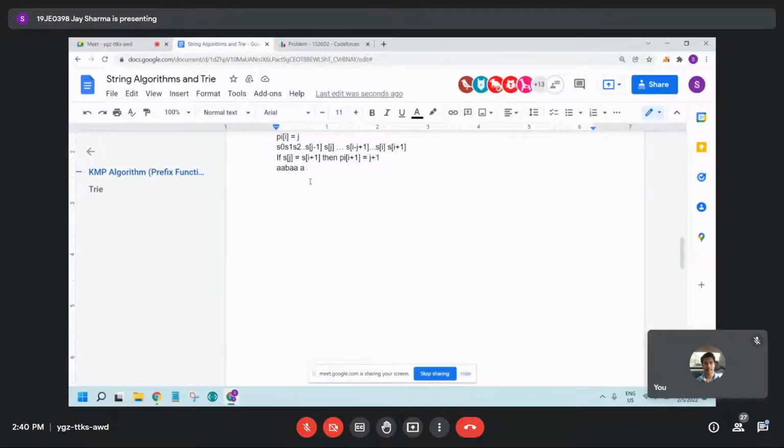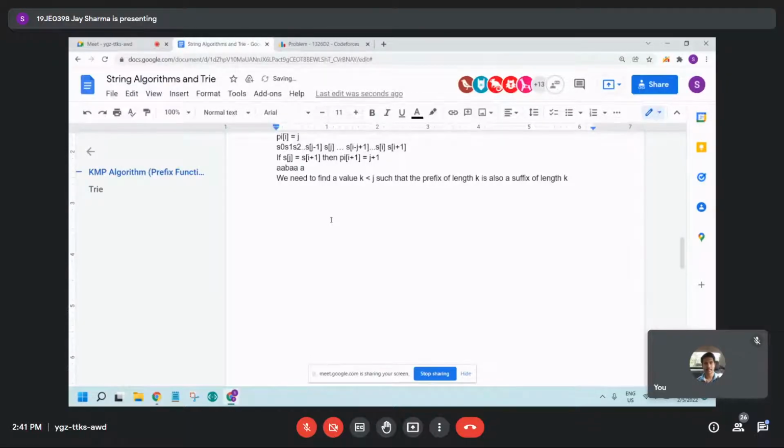Okay, so our task is that we need to find a value k such that the prefix of length k is also a suffix of length k. And we need to find this value of k which is less than j.